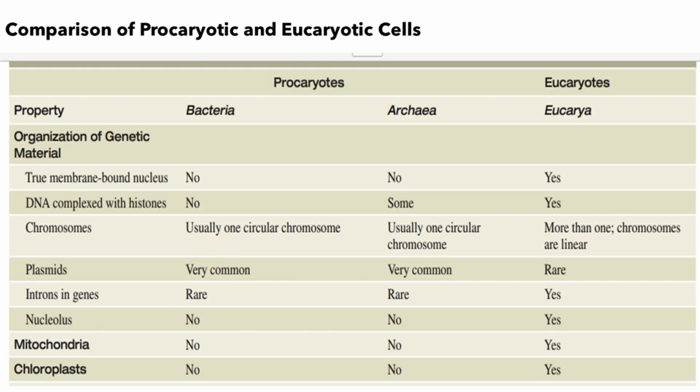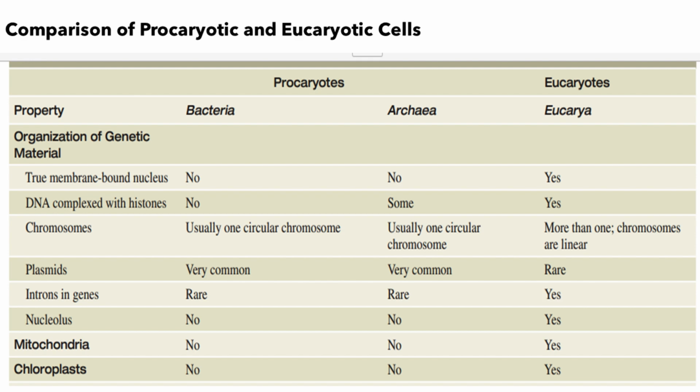Comparison of prokaryotic and eukaryotic cells. Property: organization of genetic material. A true membrane-bound nucleus is present in eukarya, and absent in bacteria and archaea. DNA complexed with histones is absent in bacteria, but present in archaea and eukarya.